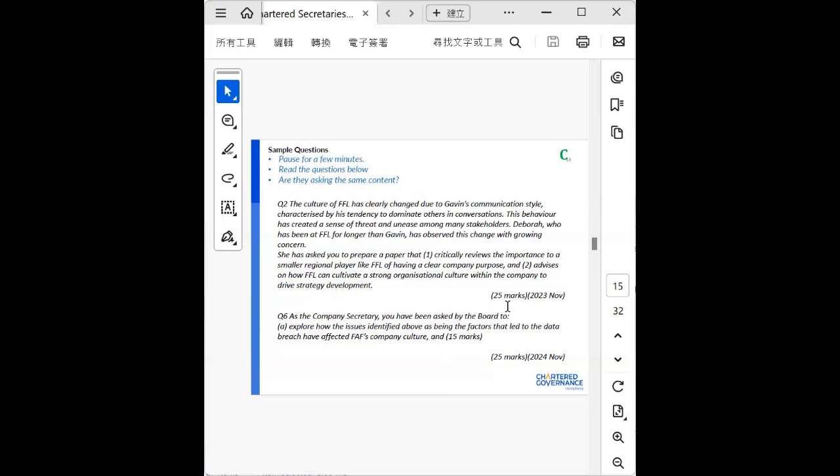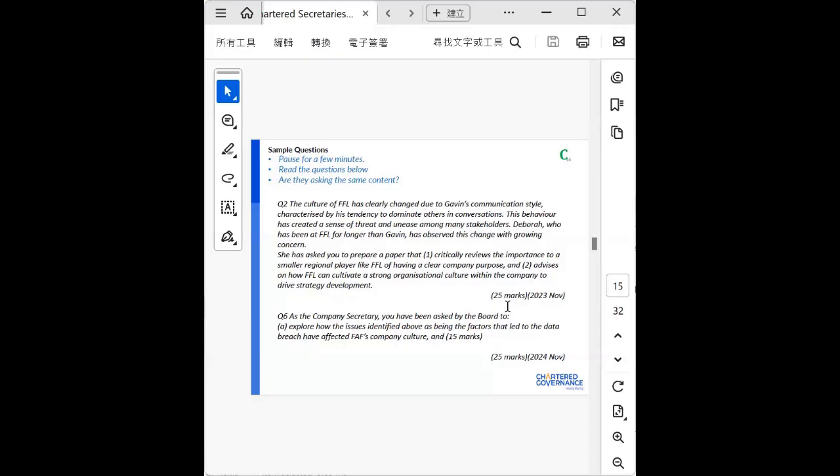The culture of the company has changed due to the change in communication style, a tendency to dominate others in conversation. So when this is mentioned, of course you have to immediately understand the importance of culture, the types of culture, etc. They give you a sufficient hint on the cultural aspect. There's a threat and unease among many stakeholders, so you have to consider the stakeholder and sustainability, that sort of thing.